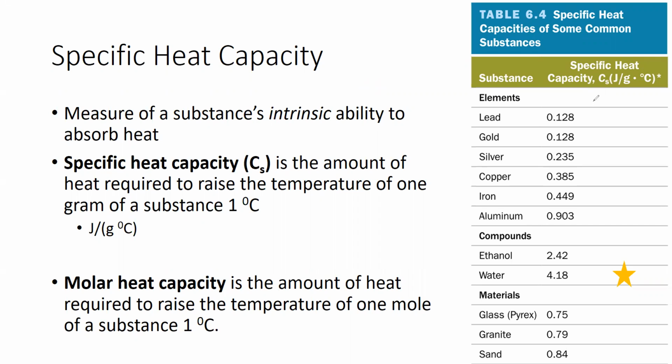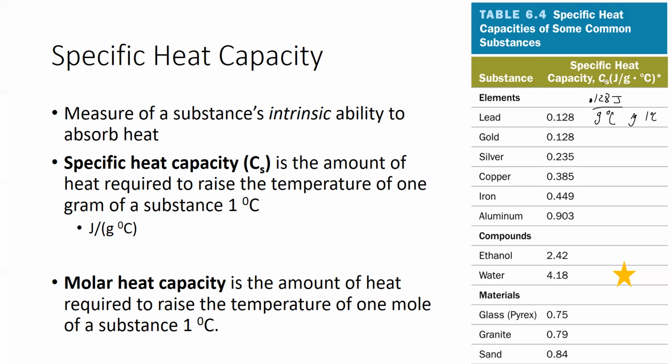Lead has a specific heat capacity of 0.128 joules per gram centigrade. That's a point, not a negative. What that says is that it takes 0.128 joules of energy to increase 1 gram of lead by 1 degree, or 1 degree centigrade.